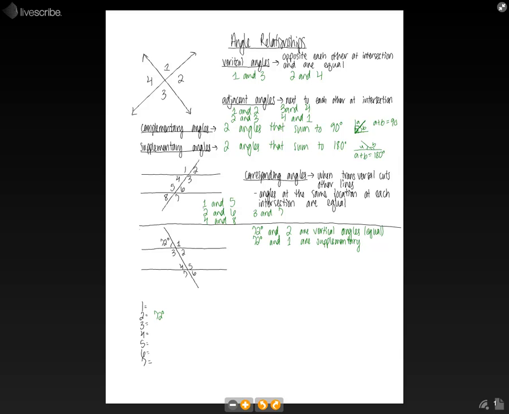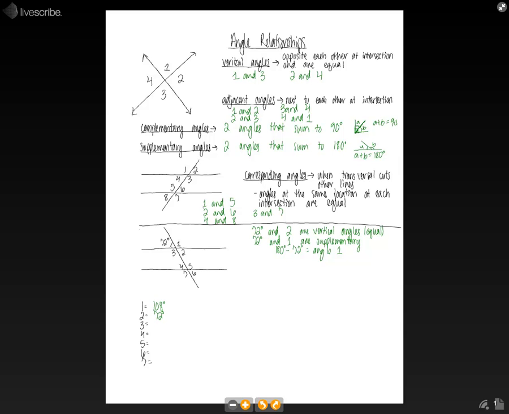And so in order to find that, we'll say 180 degrees minus 72 equals angle 1. And this gives us a value of 108 degrees.